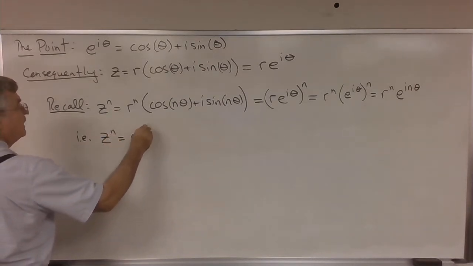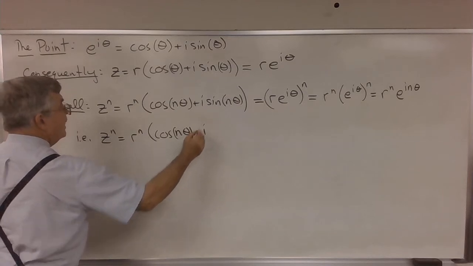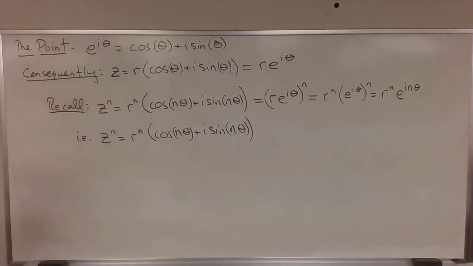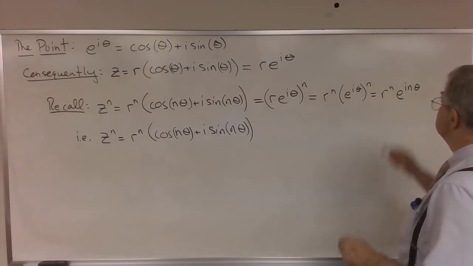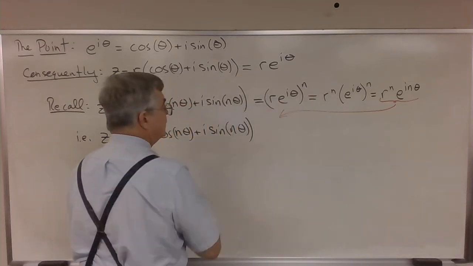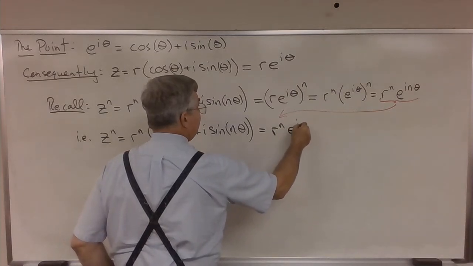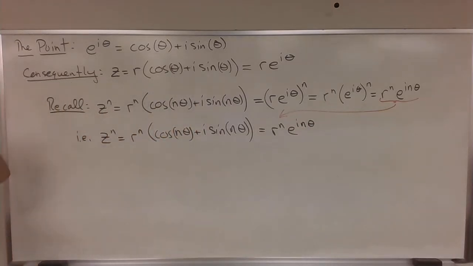In polar form, we're going to get r to the n times cosine of n theta plus i sine of n theta, and that's going to be equal to this thing. Which is exactly what it should be.